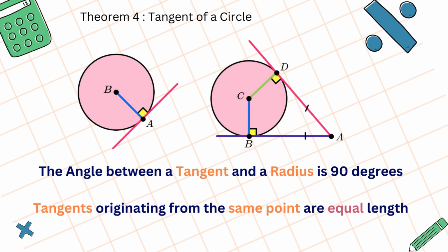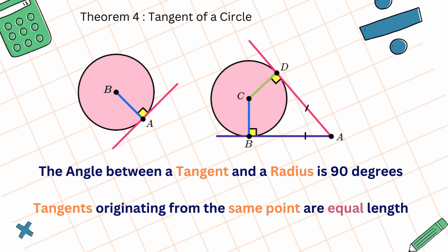A tangent of a circle is a straight line that touches the circumference of the circle at only one point. An important thing to remember here is that a tangent always originates from outside the circle. And from one point, you can only draw two tangents to a particular circle.